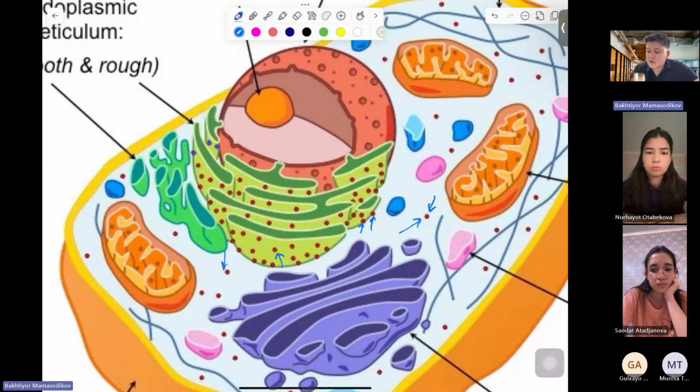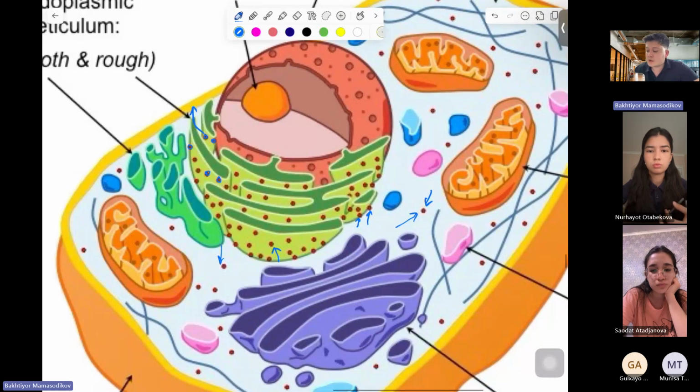Here we have the ribosomes, and those ribosomes are going to synthesize the proteins. They're going to synthesize special proteins which will go to the membrane, the carrier proteins and channel proteins, okay? The ribosomes are sitting on the surface of the rough endoplasmic reticulum.